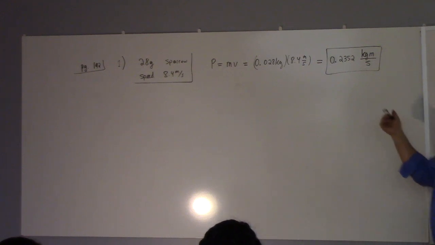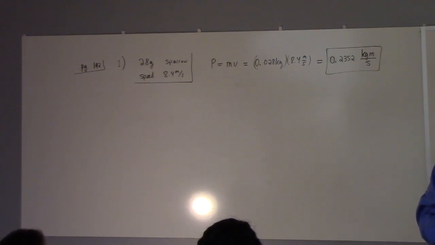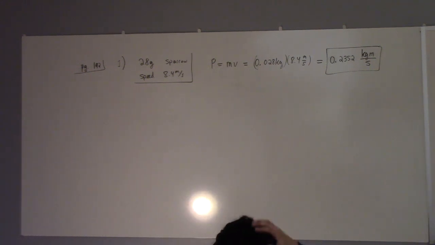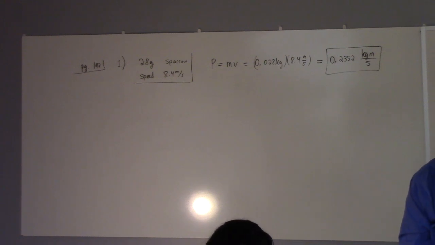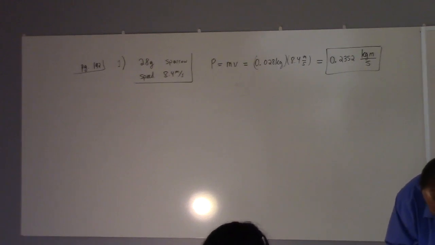We just write kilogram meters per second. As far as I know, there's no special name for momentum's units. It's kind of funny. Maybe we should call them mementos or something. Call them drakes. Very nice. Let's not get crazy.